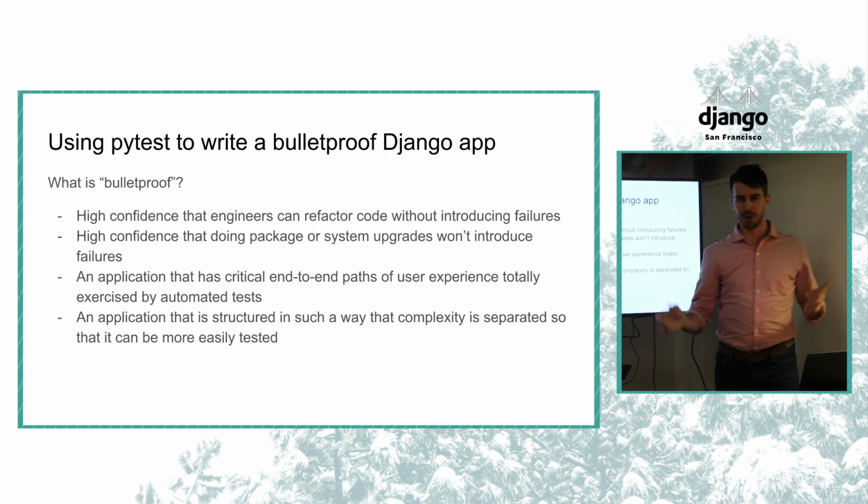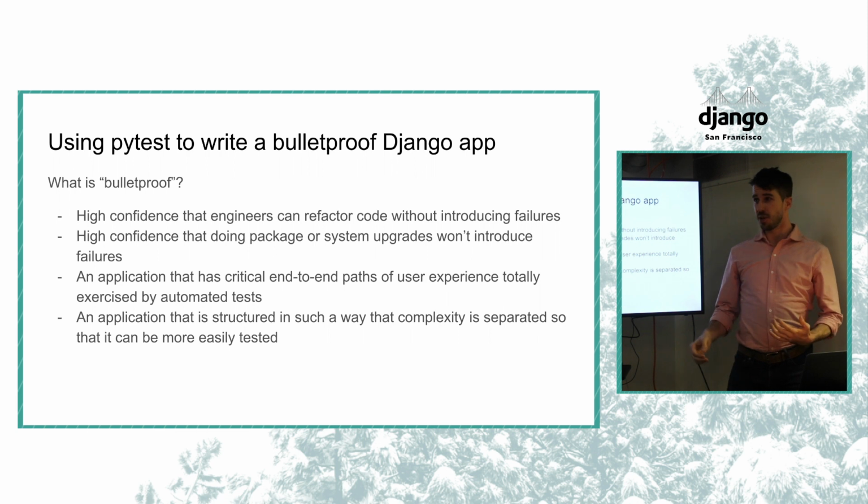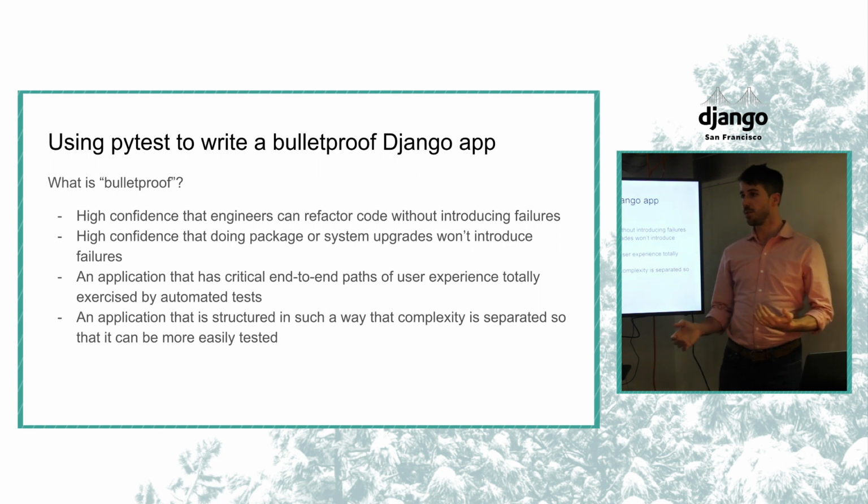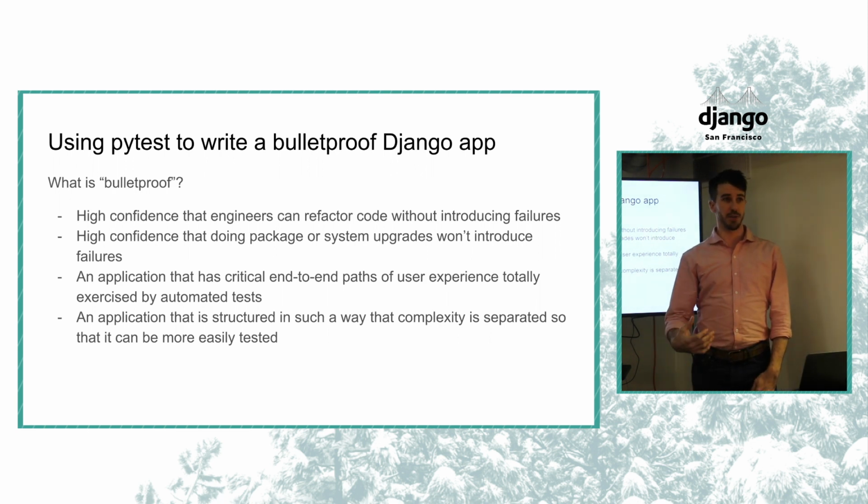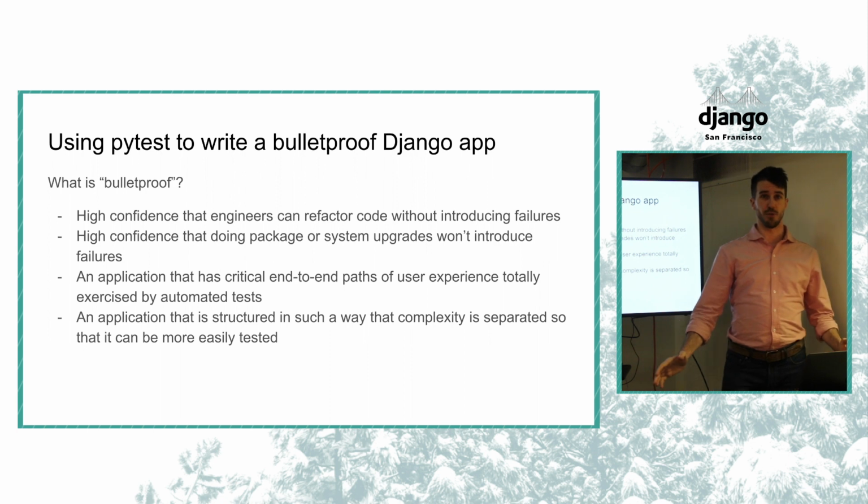When I said the word bulletproof, I know that's a loaded term, but what I meant when I'm talking about making a bulletproof application is that ideally you have really high confidence that if you are refactoring this code base, or a random person who has never seen the code base much before is refactoring it, you're not going to introduce a bunch of random failures.